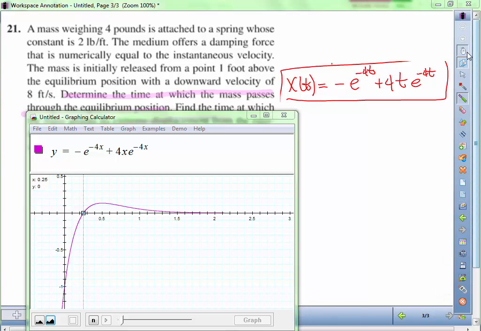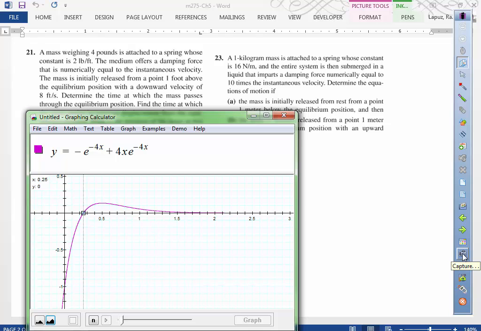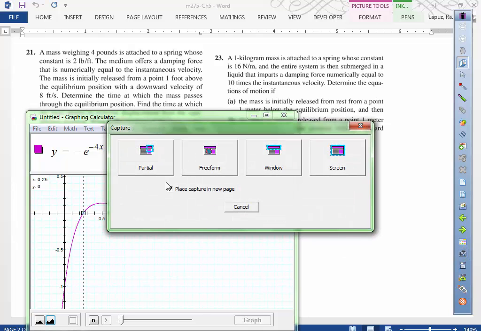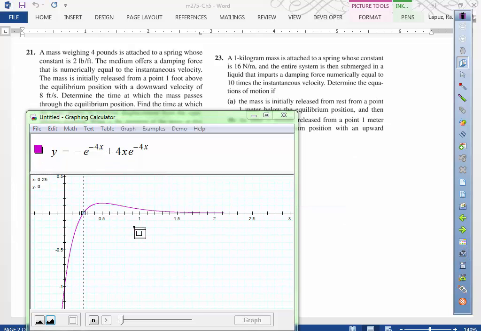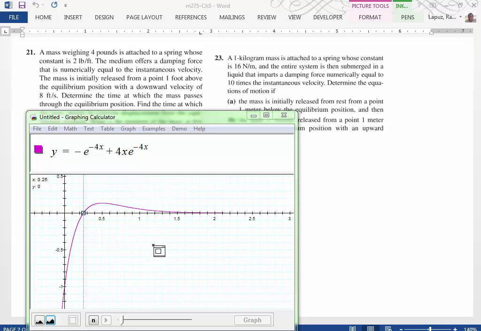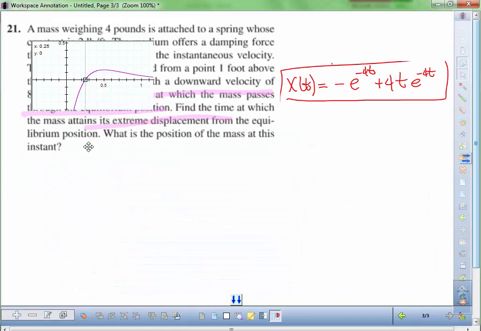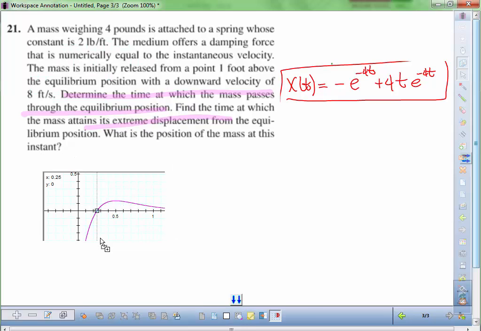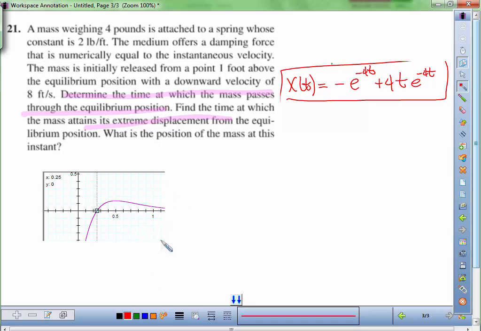So I want to copy this. So equilibrium at t is equal to 0.25 seconds.